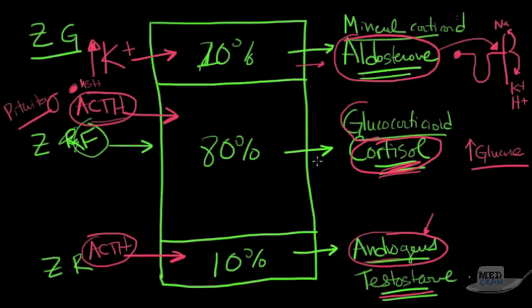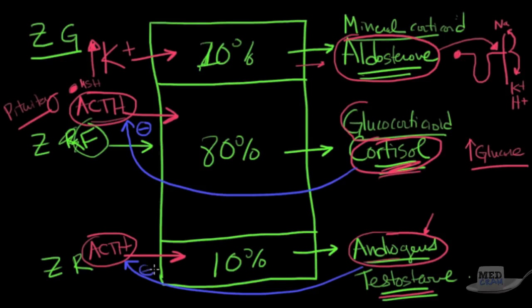Because cortisol is going to feed back on ACTH to reduce it, and androgens the same way on ACTH. Obviously, if aldosterone is causing the potassium levels to go too low, it's going to also negatively feed back on it. Okay, we'll talk a little bit more about that in a little bit.